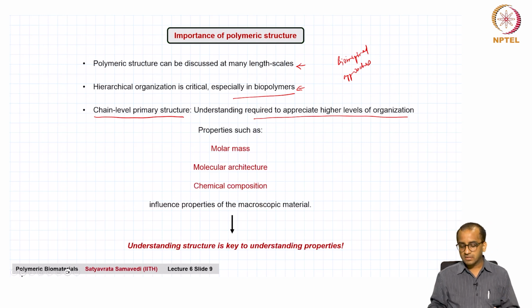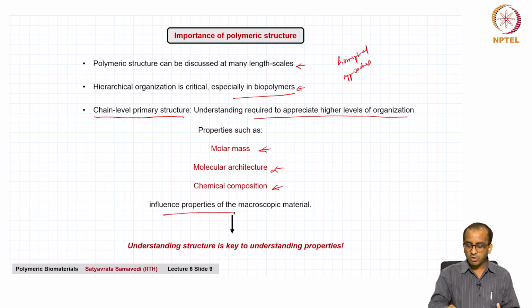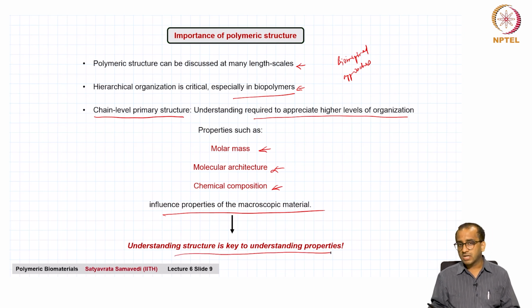So, properties such as molar mass, which depends on how long a chain is, molecular architecture, which includes whether a polymer chain is linear or branched, and the chemical composition itself. We saw different families of MERs. All of these influence the properties of the macroscopic material. Therefore, understanding the structure is key to understanding properties.